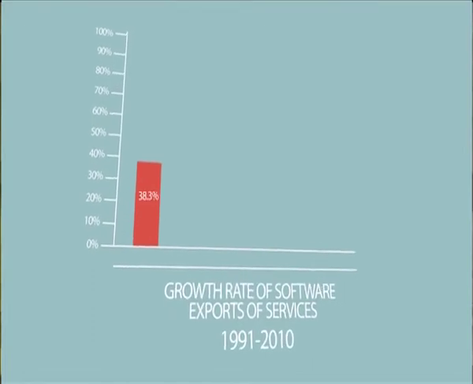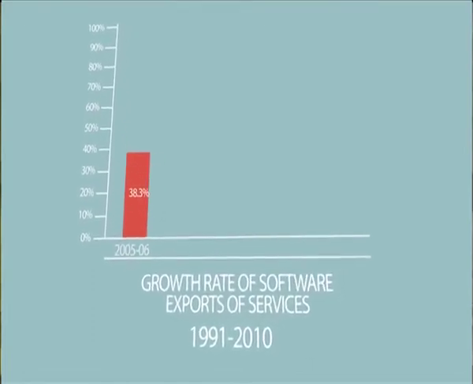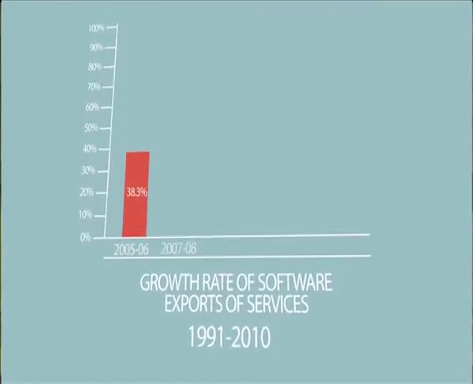Growth rate of software exports declined from 38.3% in 2005-6 and 28.8% in 2007-8 to 6.2% in 2012-13 after increasing somewhere in between. Private transfers and investment income also declined. Investment income payments rose on account of rising external liabilities.